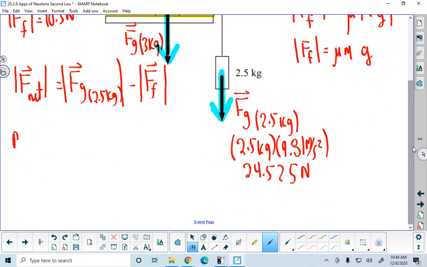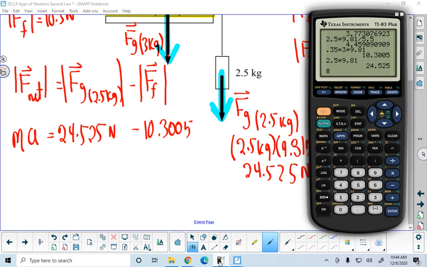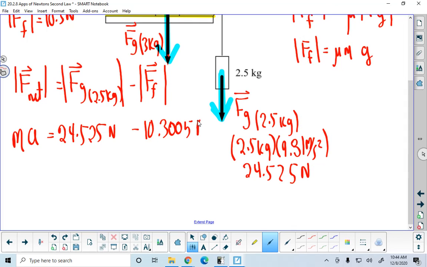This is MA equals, we've already calculated these numbers, 24.525 newtons minus the force of friction of 10.3, I think it was 005 newtons.